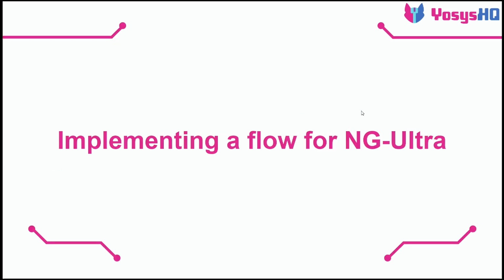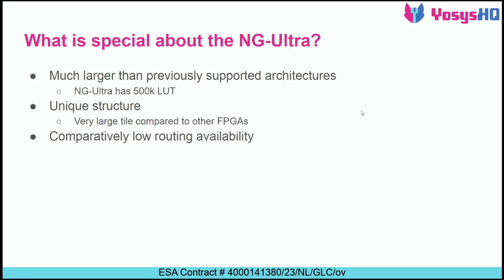So what does it actually look like to implement a flow? In this case, it was a very interesting thing because this FPGA is quite different in architecture from the other FPGAs that we are used to working with. On the one hand, it's quite a bit larger. This one is a 500K LUT. Usually the FPGAs in the 10 to 100 euro range have maybe 10K, 20K, somewhere in that area.